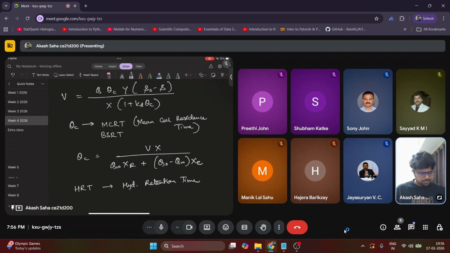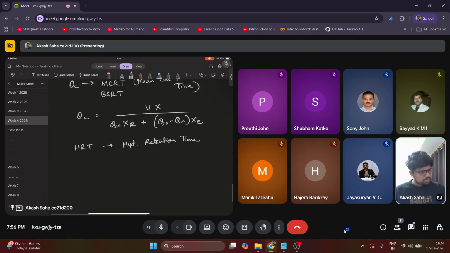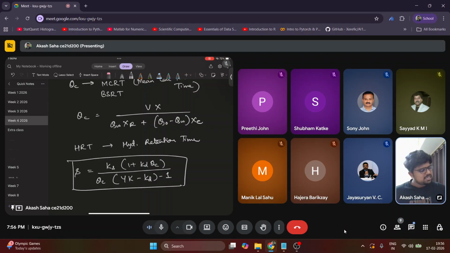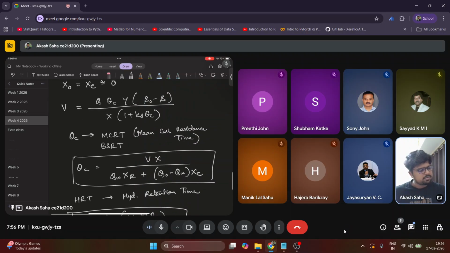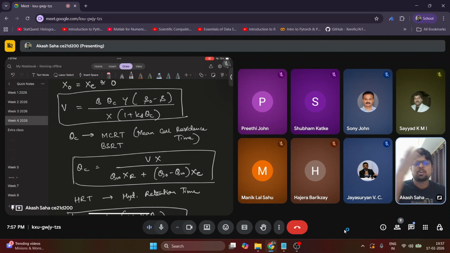Apart from that, we can also calculate S, that is Ks (1 plus theta c kd) divided by (theta c (Y k minus kd) minus 1). All these equations are derived from the parameters we have seen here. I'm not going into the derivation; those derivations are not required.